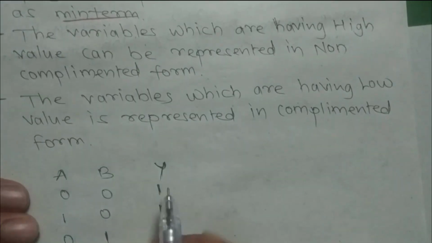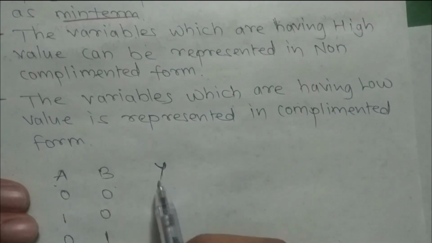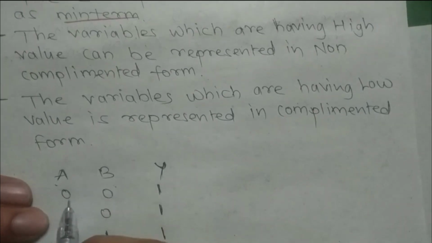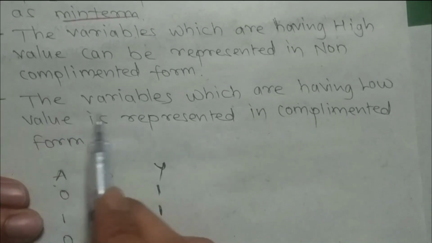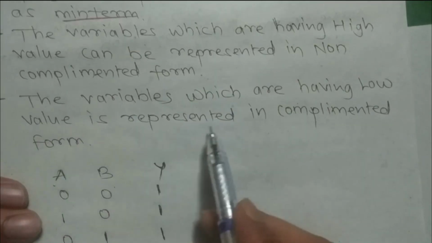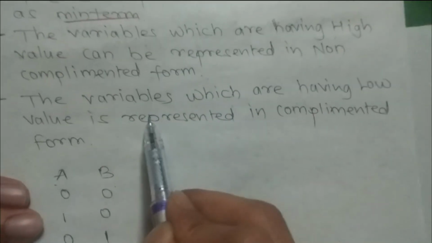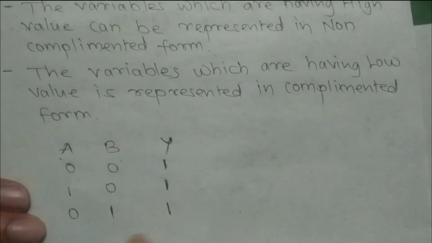These are the variables on the basis of which y is considered. See over here, the state of a is low, so this is represented in complemented form. The fourth point says that variables which have low value are represented in complemented form. Considering these two points, we are going to write the Boolean expression for this truth table.